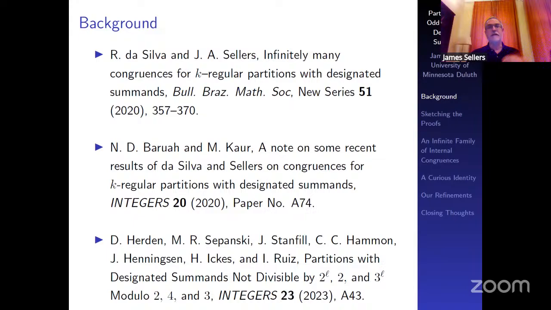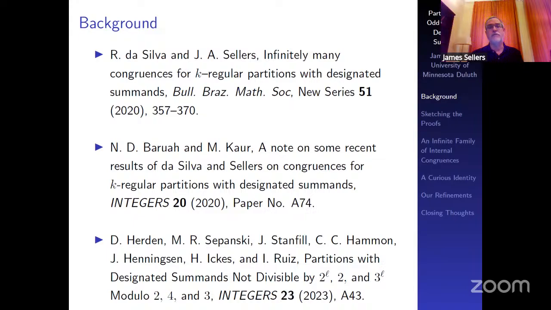Barua again with Kaur, in essence, followed up with that paper with one in Integers in 2020 on k regular. And then the last one in this list that I'm going to mention is this paper of Herden and 6 other co-authors. It appeared in Integers in 2023, just about a year and a half ago.